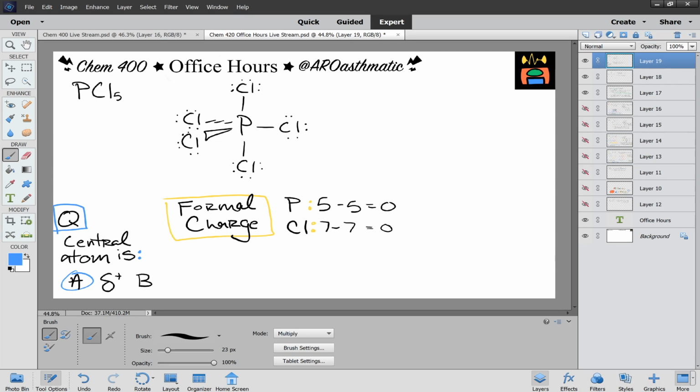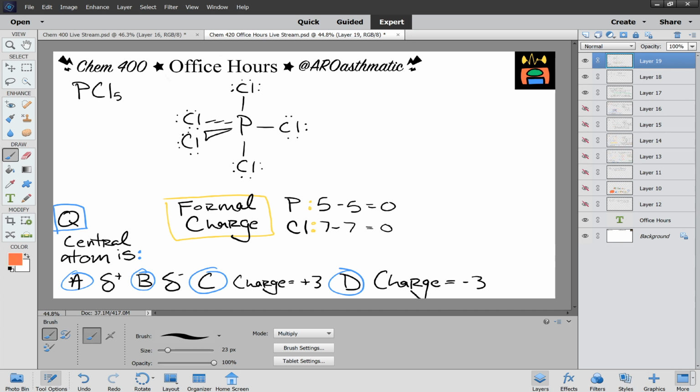B, they say that the central atom is a partial negative. C, central atom has a positive 3 charge. Or D, that the charge on the central atom is a -3.